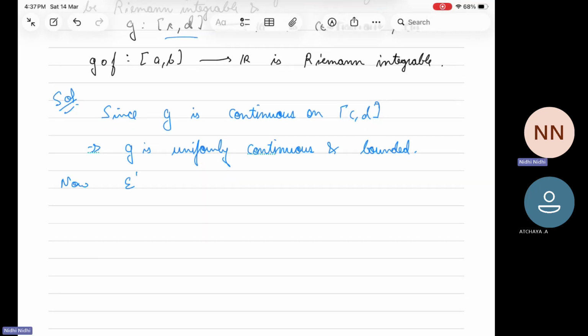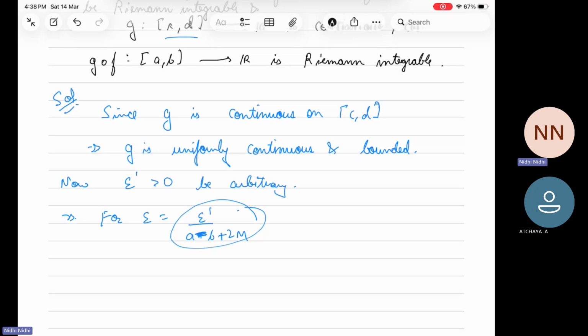Now let epsilon prime positive be arbitrary. Then for epsilon equals epsilon prime upon (b minus a) plus 2M, (b minus a) plus 2M.